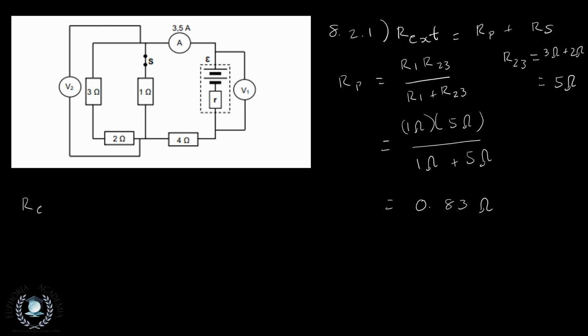Our R external, as stated before, is equal to our parallel resistance plus our series resistance. So our parallel is equal to 0.83 ohms plus our series resistance of 4 ohms, and that is going to give us a total of 4.83 ohms.